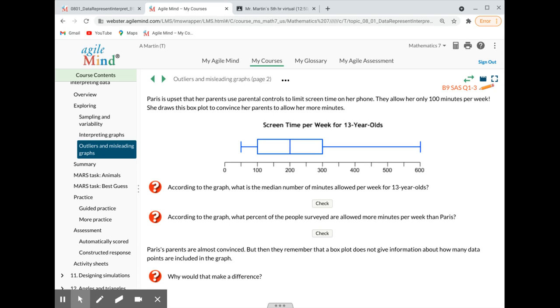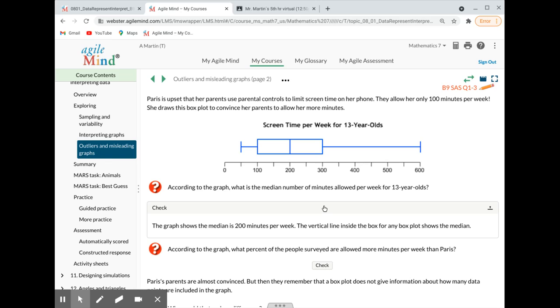What is the median? The line in the box. Yes. And where is the line in the box? In the middle. Yeah, it's 200. That's correct. So that is our answer to question 1A.